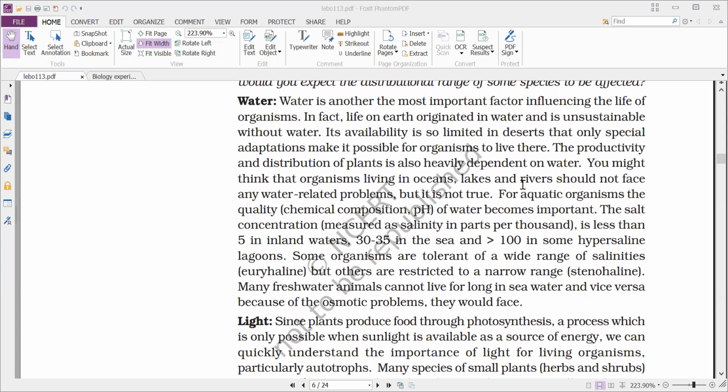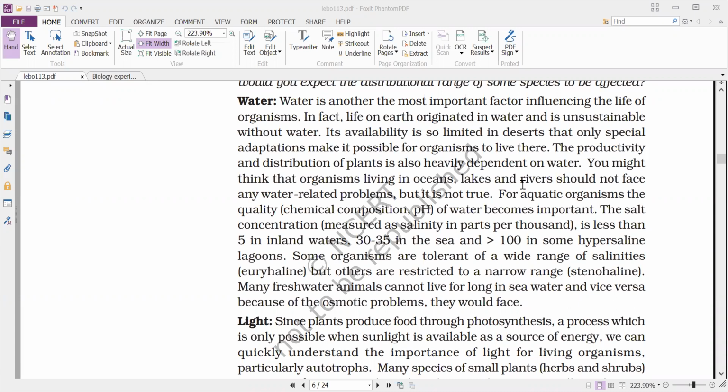Whether you take freshwater organisms or marine water organisms, both are stenohaline organisms only. They can tolerate only a narrow range of salinity.